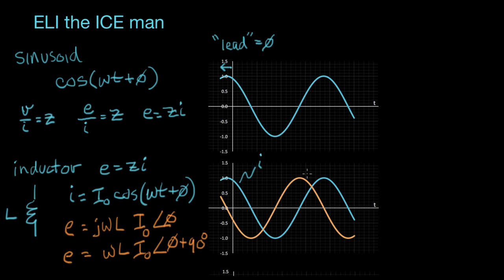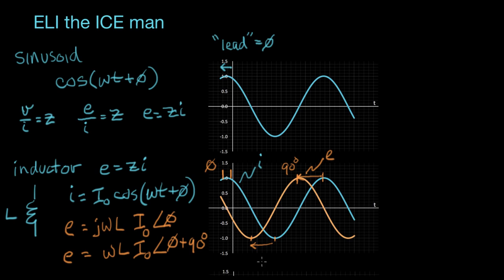And if I draw here, this is now E. And the phase shift, this distance right here is phi. And this distance right here is a phase lead of 90 degrees. And you'll notice I key off the peaks of these waveforms because that's the easiest place to see the lead.